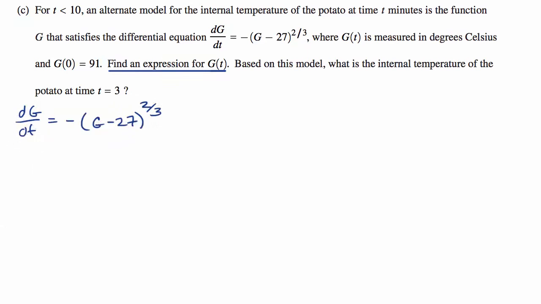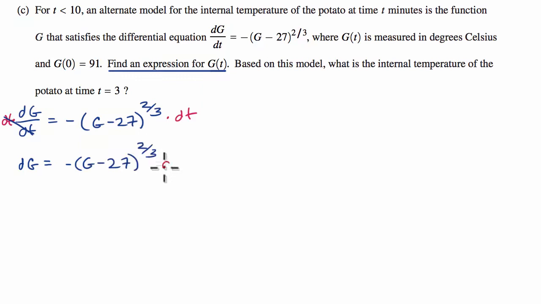I'm going to treat my differentials like numbers, or variables. So I'm going to multiply both sides times the t differential. And so then I'm going to have dg is equal to negative (g minus 27) to the 2/3 power dt.